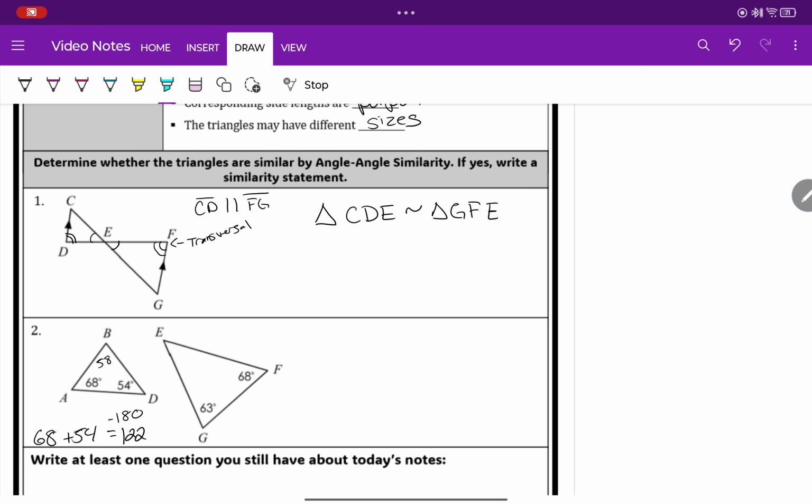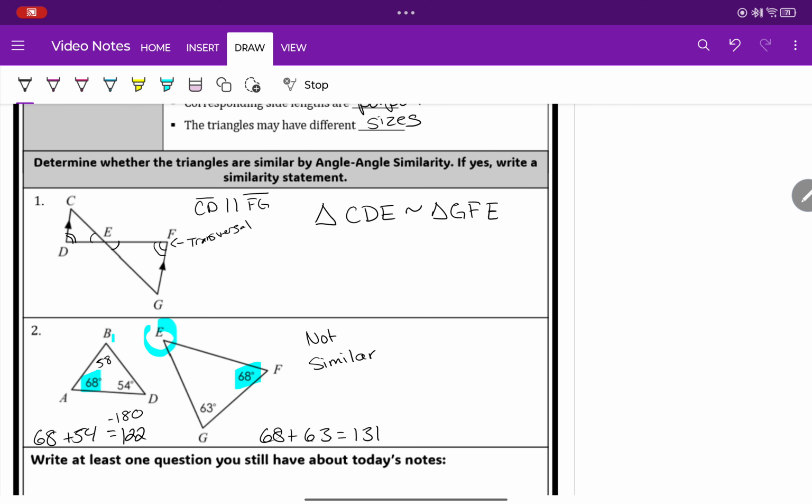Now, looking at my two triangles, I do have two angles with both 68 degrees. But angle G and angle E don't match angle B or D, which means these two triangles are not similar. And if I wanted to make sure, I could add 68 and 63, which will give me 131.